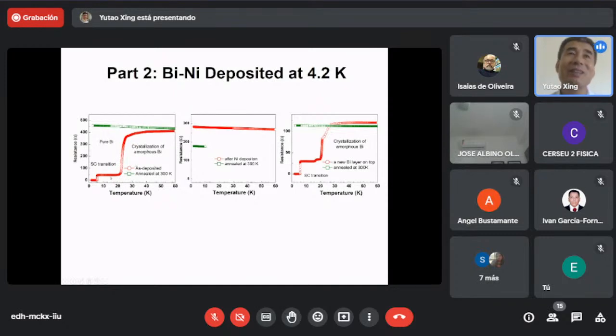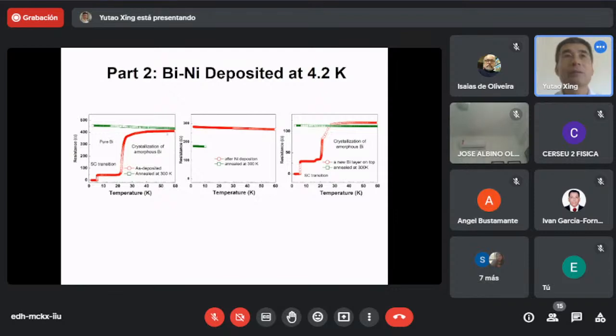But why does the crystallization increase the resistivity? This is because, as we know, bismuth is a semi-metal. So the density of states is very low. There are very few free electrons inside the bismuth. But amorphous bismuth is a metal.